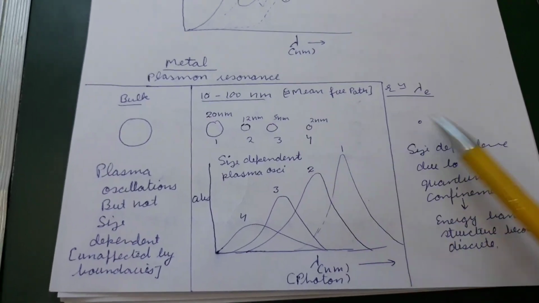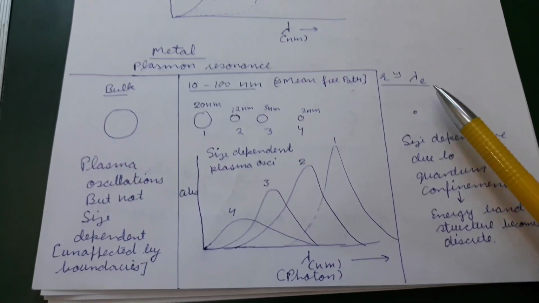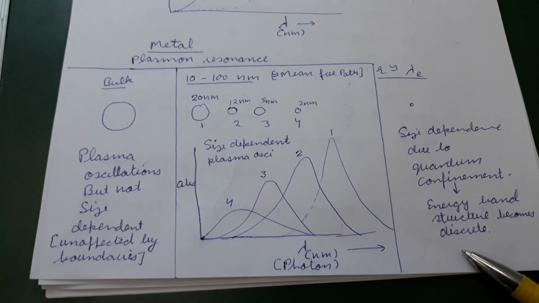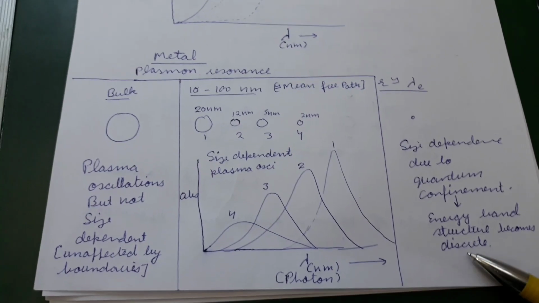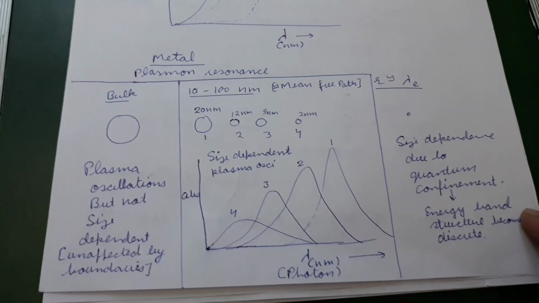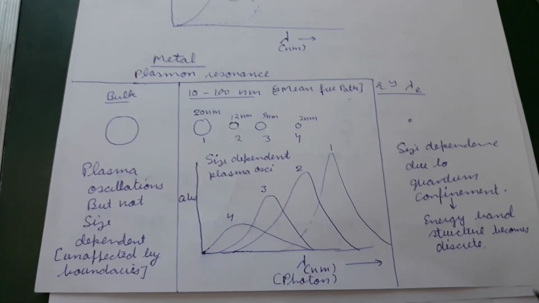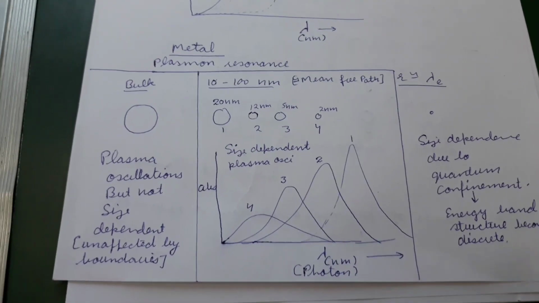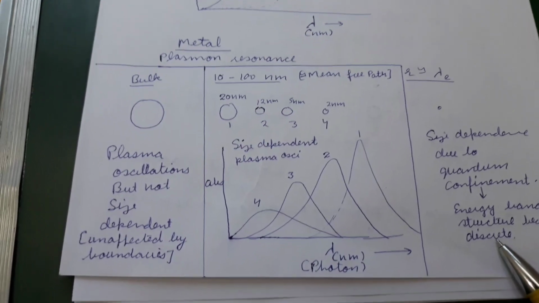If the size becomes of the order of the de Broglie wavelength, then the quantum confinement effect will take place and the energy band structure will become discrete and size dependent also, but the reason will be the quantum confinement effect.